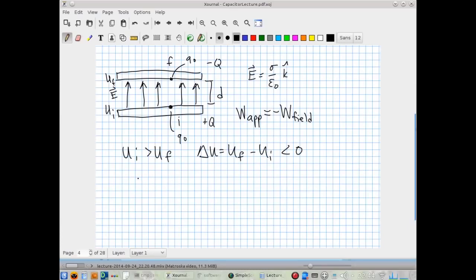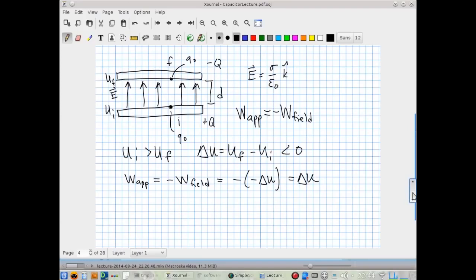Well, where are we going with all of this? We can relate the applied force. It's the negative of the work done by the field, and that's equal to the negative of the change in potential energy, which is just the change in potential energy.